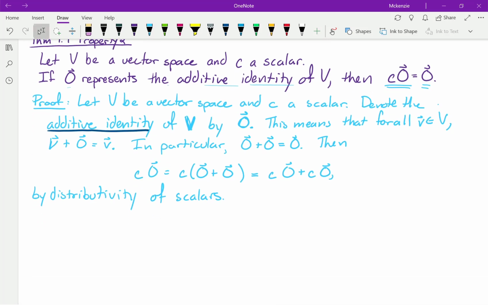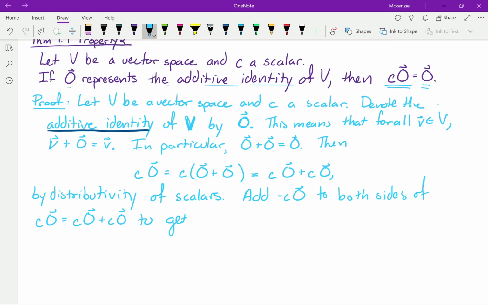So what can we do with this? Let's add minus C times the zero vector to both sides of the equation. C times the zero vector equals C0 plus C0, to get C0 plus minus C0 equals C0 plus C0 plus minus C0.